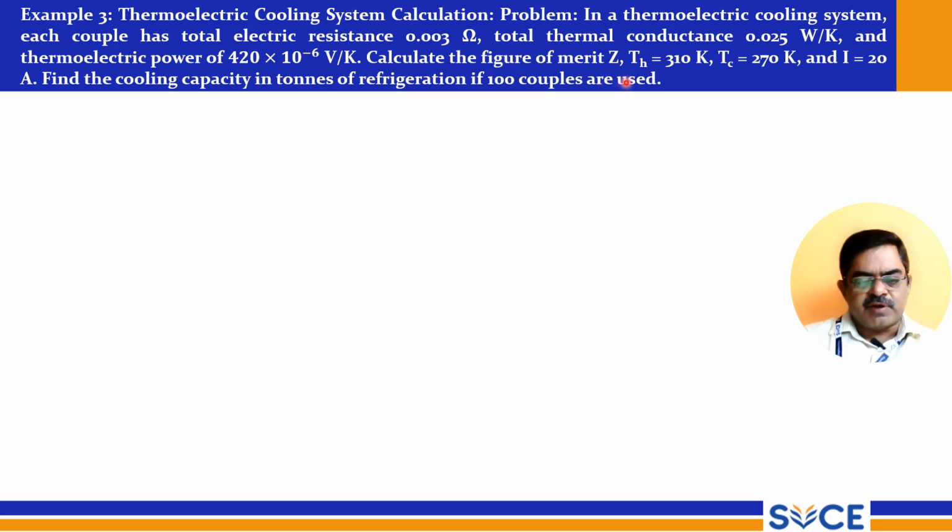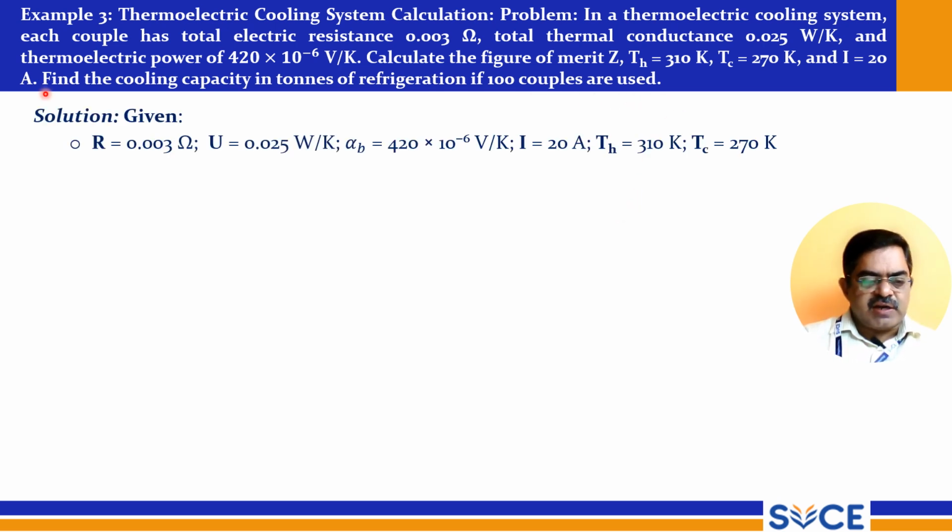Calculate the figure of merit, that is Z, with TH equal to 310 K, TC equal to 270 K and I equal to 20 A. Find the cooling capacity in tons of refrigeration if 100 couples are used.